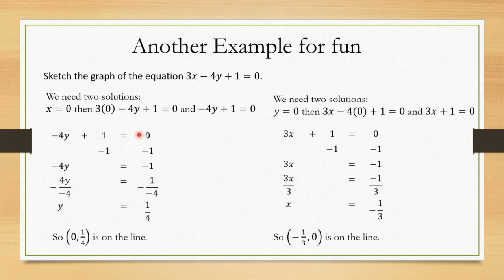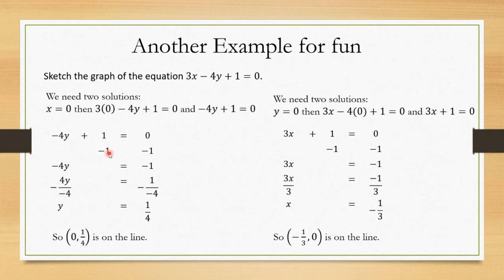Okay, so once I replace x by 0, the 3 times 0, the 3 times x part, is gone. We're left with this equation. This one's a lot easier to solve. What I did was I solved it this way. So I have negative 4y plus 1 equals 0. What I want to do is get y all alone.